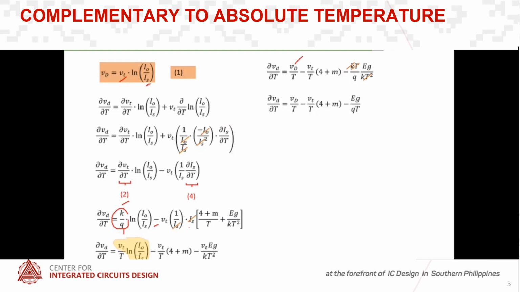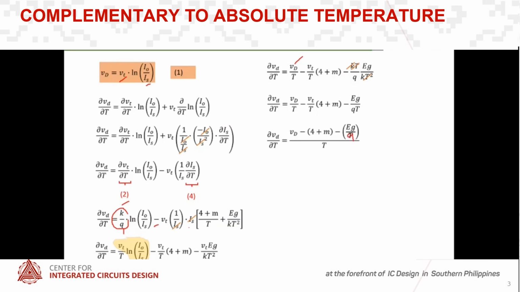Observe that the common term is the temperature, so we can put the term T outside. In the numerator we have Vd minus Vt times (4 plus m) minus Eg over q, sorry, I was mistaken, it is Eg over q, all over temperature.